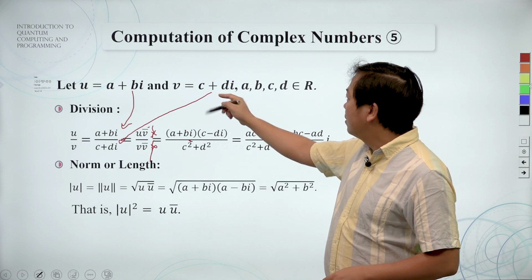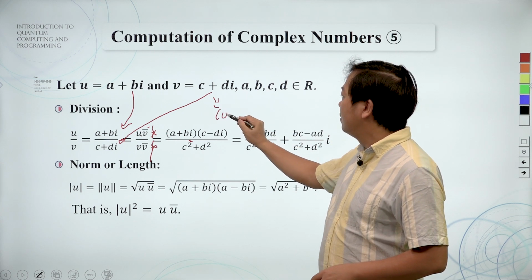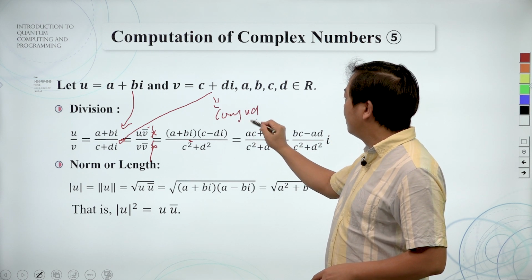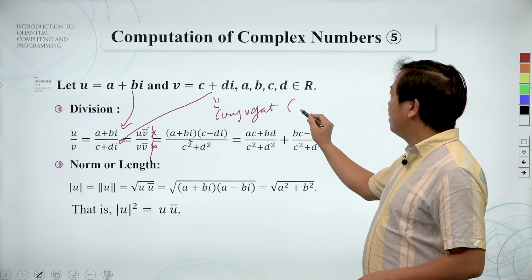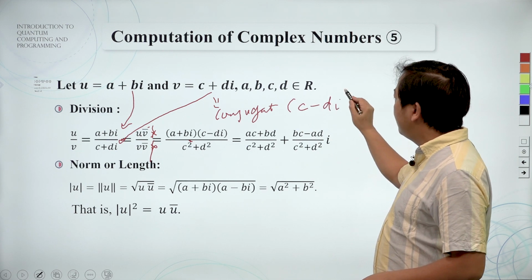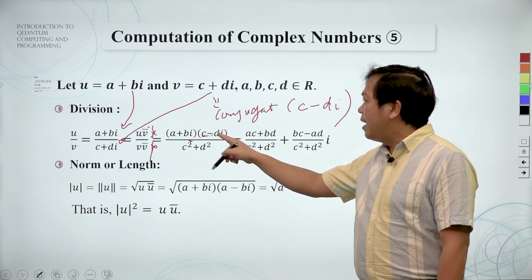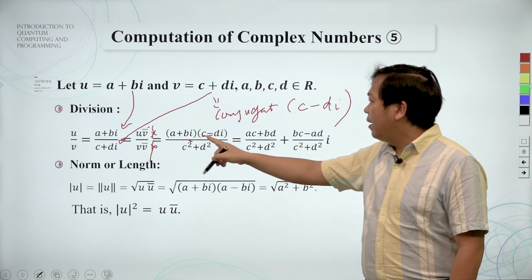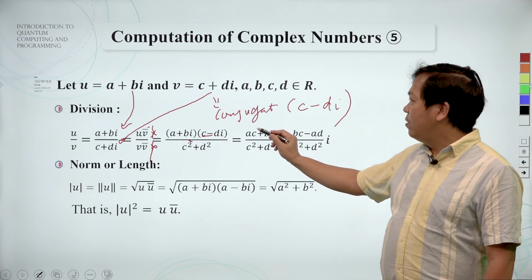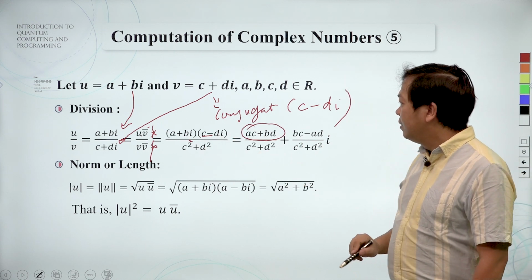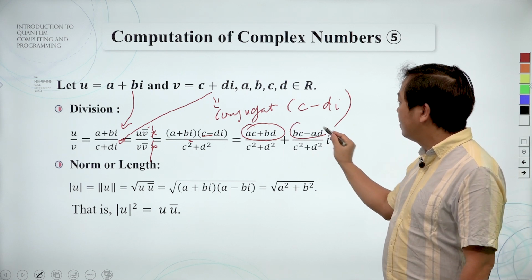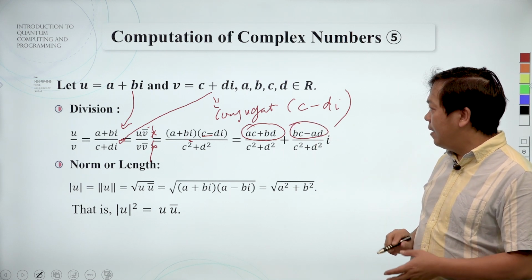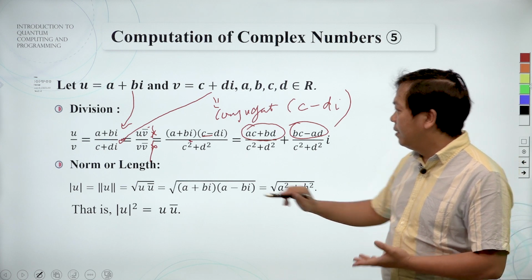Because the conjugate is C minus DI, after we multiply, U is equal to this value. Actually it's partial over here.